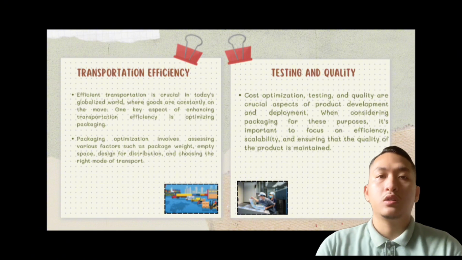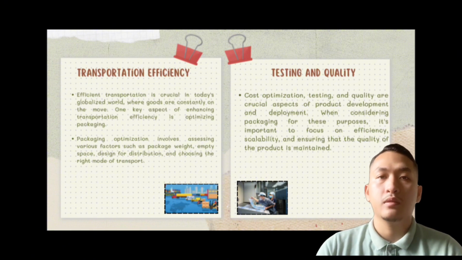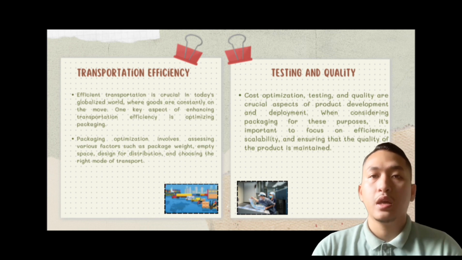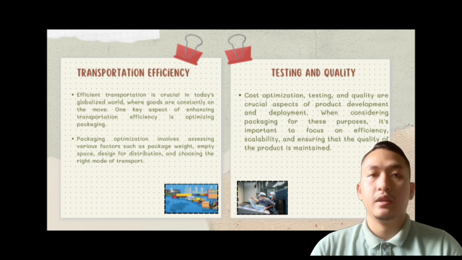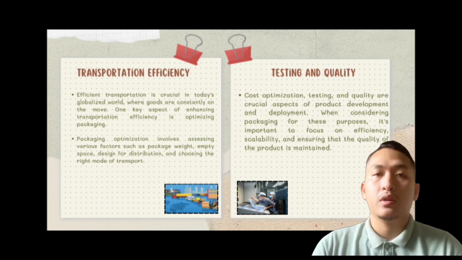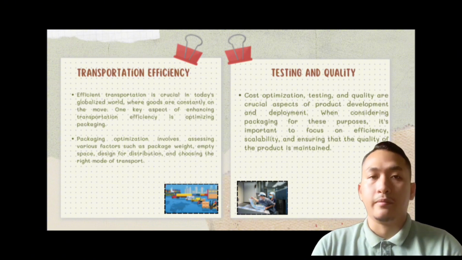Packaging optimization involves assessing various factors such as packaging waste, space, design for distribution, and choosing the right mode of transportation. By focusing on these elements, businesses can reduce transportation costs, minimize environmental impact, and ensure that their products arrive at their destination intact and on time.